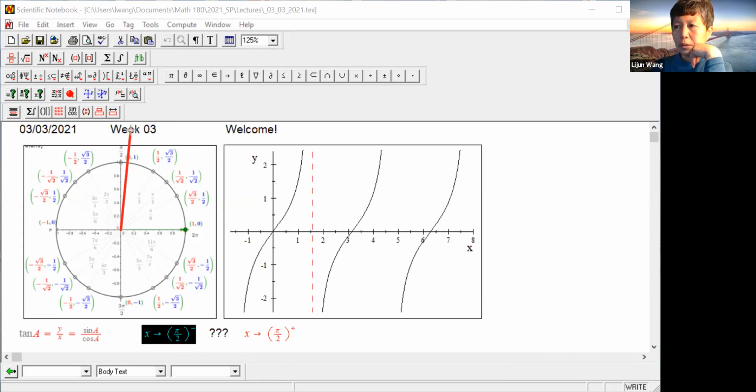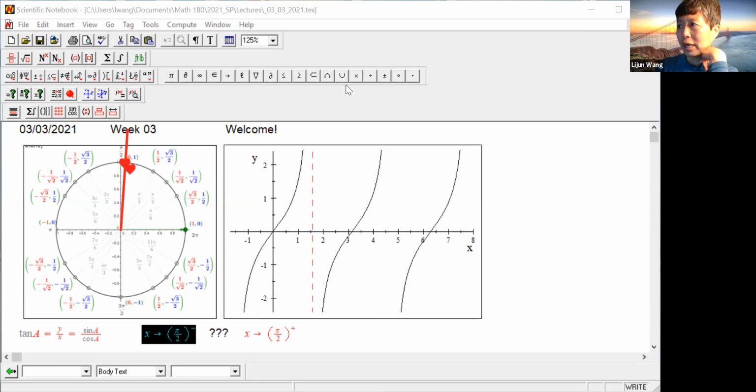Okay, so suppose we are here. By definition, there's a point. You can see this point is approaching that 0,1 as close as possible. But what kind of point is this? Can you mark this point?